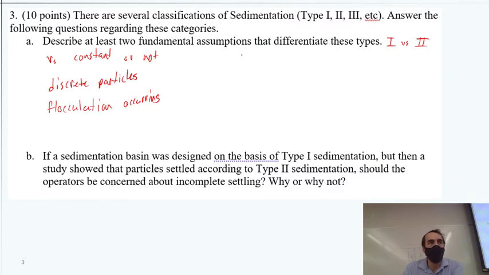But if you go up to 3 and 4, there's hindered sedimentation because there's just so many particles and they're starting to hinder each other. You'd have that blanket formation.